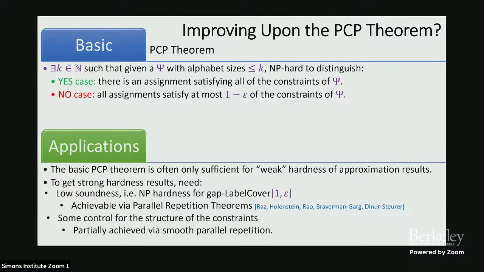So this is one way you can try to improve upon the basic PCP theorem. Another way is more subtle, and in some sense, we already saw it. The constraints in label cover are fairly generic. We don't have too much structure over them. Well, I'm slightly cheating already, because if you remember, I said these were projection constraints, and clearly there are more general families of constraints. This projection word is very important when you do reductions.